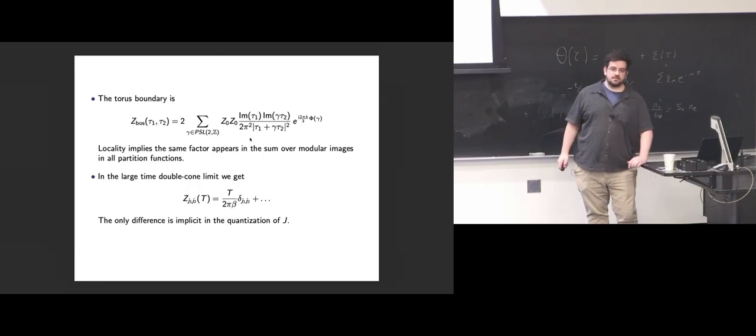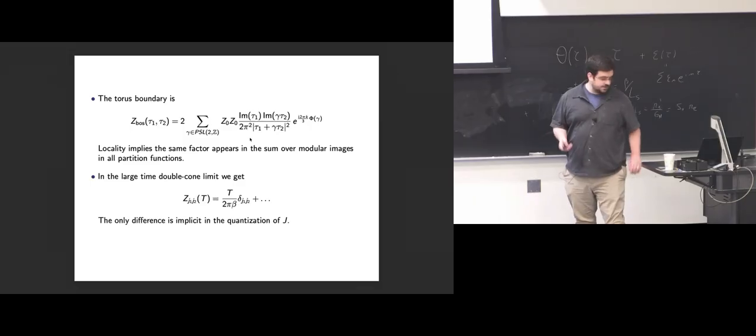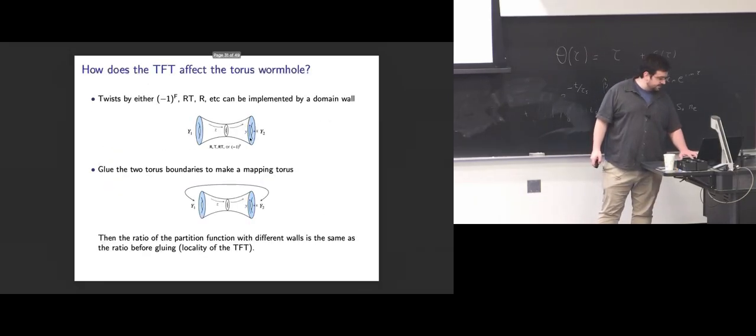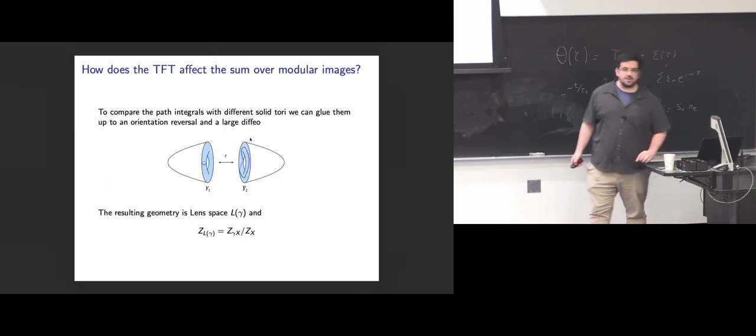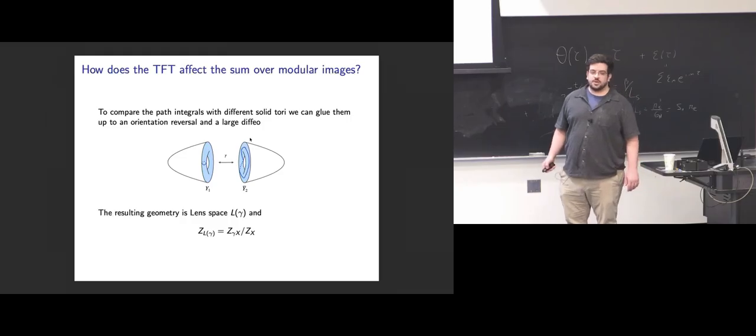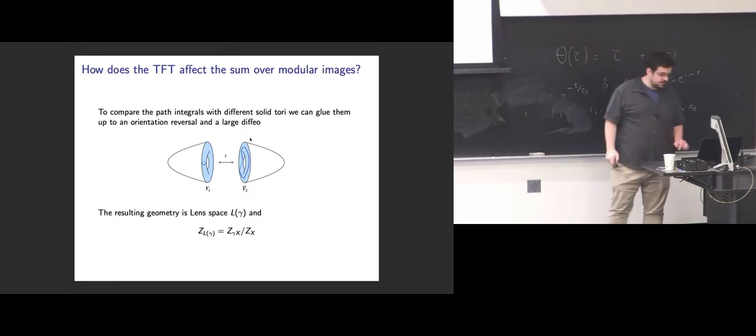Yeah, you can see it if you compute. This geometry is kind of computing what happens when you do a large diffeo, and this only cares about the relative large diffeo between the two boundaries.